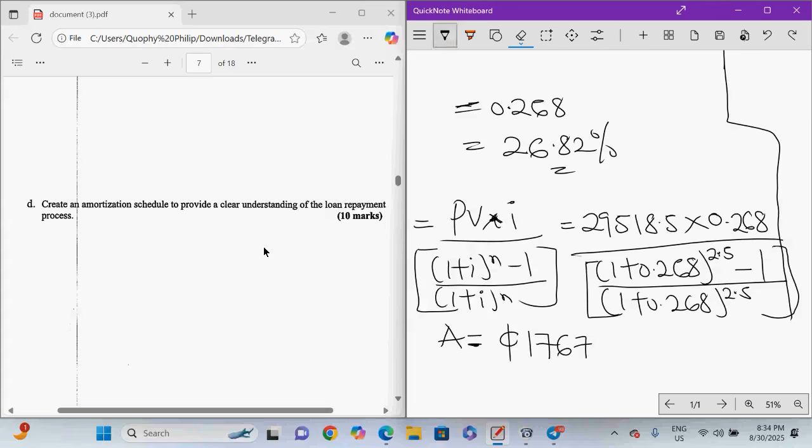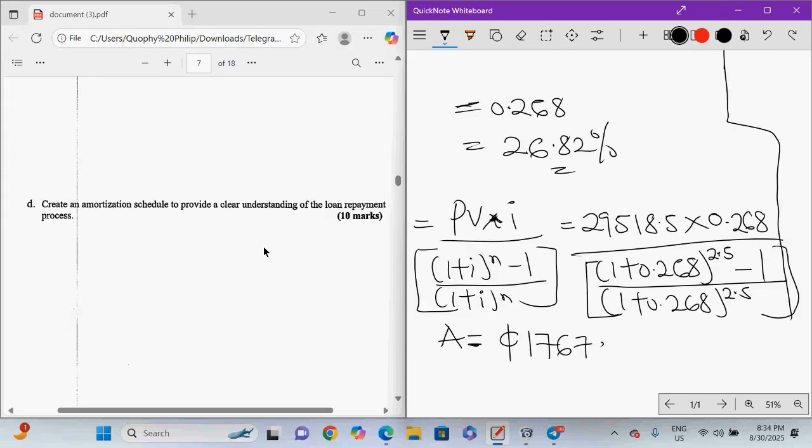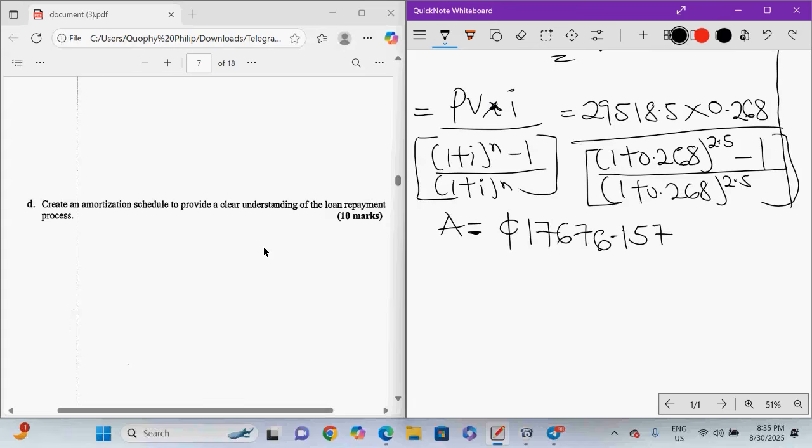Yeah, 7, 6, last one 6. Point what? 0.15795. Give me 3 decimal places here. 0.157. Is it confirmed? Yes, confirmed.